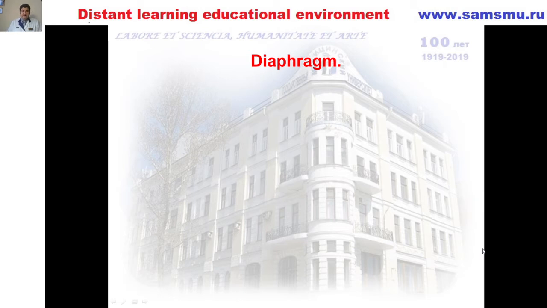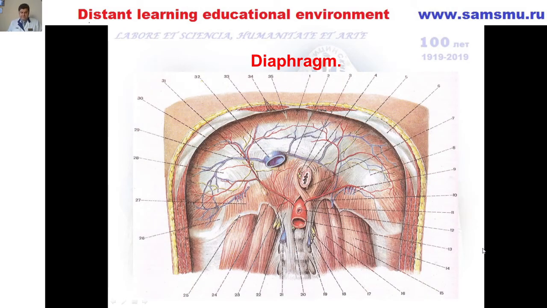So next we will talk about the diaphragm. The diaphragm forms the partition between the thoracic and abdominal cavities. It's a flat, thin, dome-shaped muscle covered above and below with fascia and serous membranes.